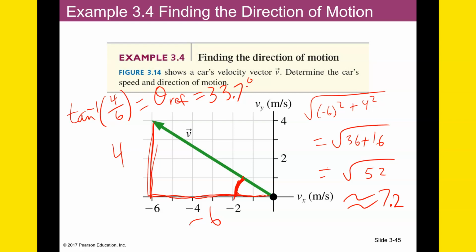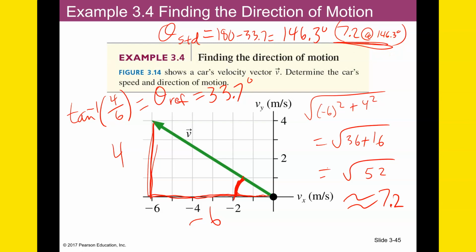And I could express this many ways. I could express it as a standard angle. So I could say theta standard is 180 minus 33.7, which is 146.3 degrees. So one way to express it is 7.2 at 146.3 degrees.